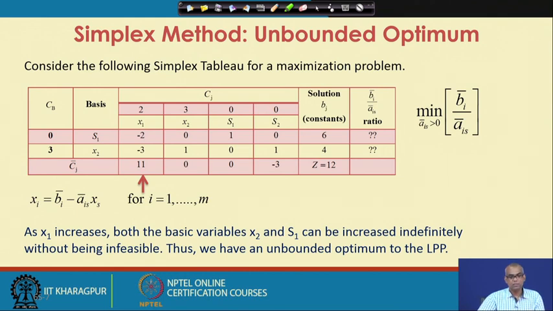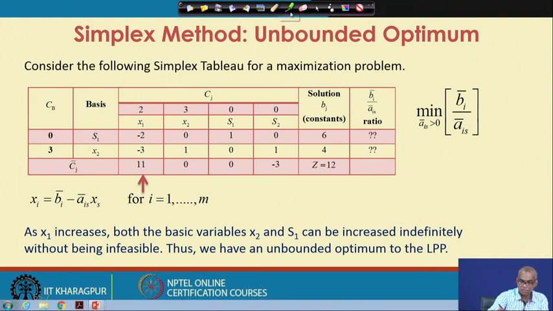Consider the tableau shown. The most positive Cj bar is 11, and this is corresponding to the non-basic variable x1.